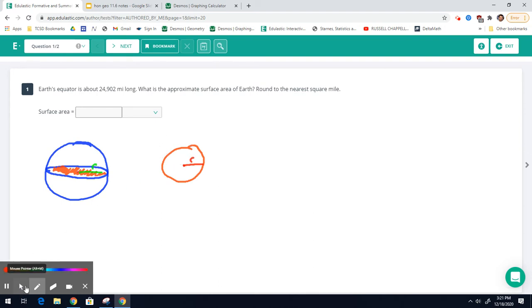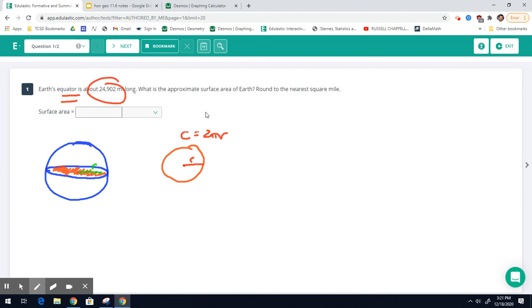So if we know the circumference of this circle, we can find the radius using 2 pi r, which will then also be the radius of the Earth. So we're using a 2D idea to find the radius of a 3D figure. Again, the equator is special because it's a circle whose center is also the center of the sphere. Just keep that in mind.